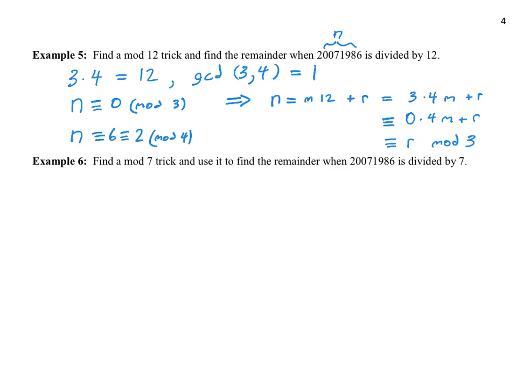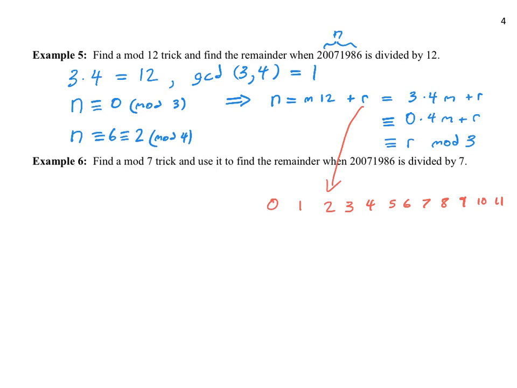Let's think about this number r. r is a remainder after dividing by 12. So that r could be either 0 or 1 or 2 or anything all the way up to 11. But we also know more about r.